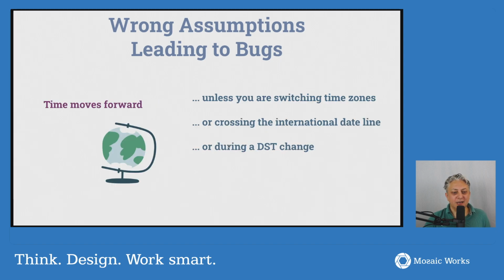So time moves forward, except if you are switching time zones or crossing the international dateline or during the daylight saving time change. So what is important here is, if you are dealing with local time values, never assume that they will always be growing. And this is a hidden assumption that's often creating issues in your code.